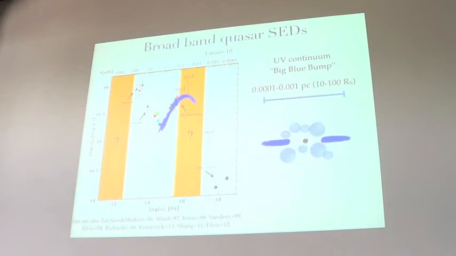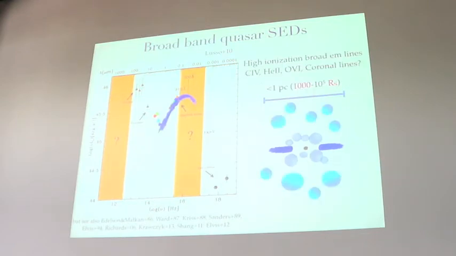Moving outwards, we have emission from the so-called big blue bump. If you have clouds, we are in the inner part of the broad line region. You have also, on top of the continuum, high ionization broad emission lines, such as carbon-4, helium-2, oxygen-6.